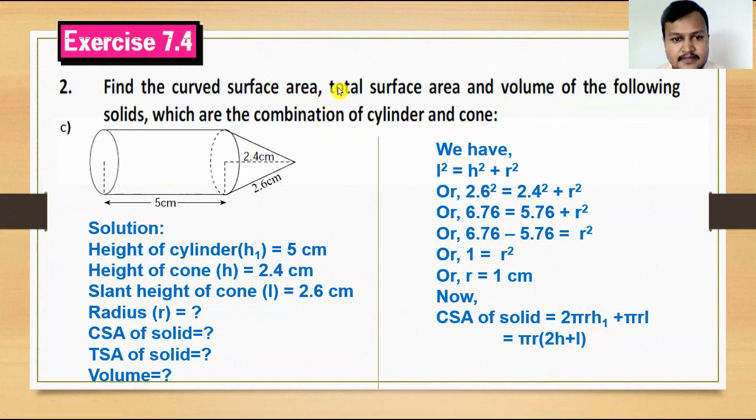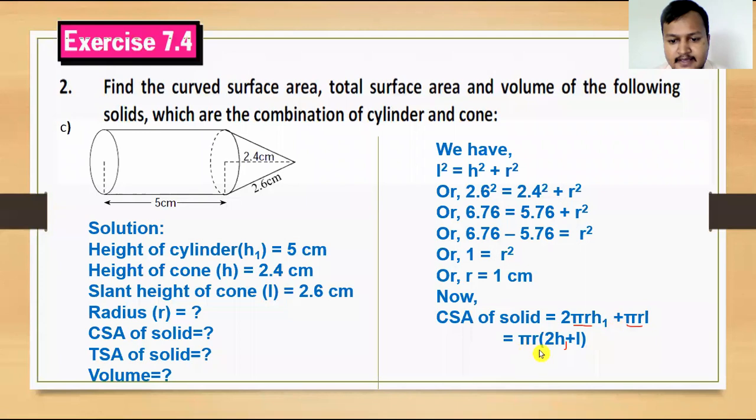From both, I have taken pi r common. After taking common, 2 h1 is remaining from the first, and L is remaining from the second: pi r times (2 h1 plus L).